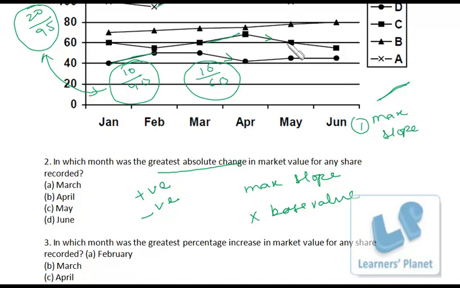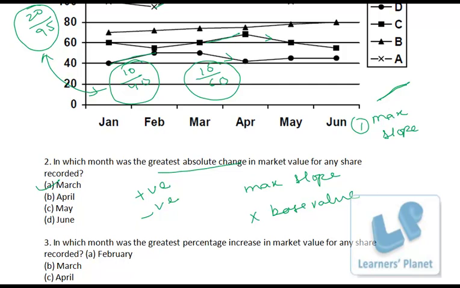Here also the difference is 10. So the maximum difference we are getting is in this case, the greatest absolute change. So from February to March. I'm sorry, the greatest absolute change will be in the month of March, right?